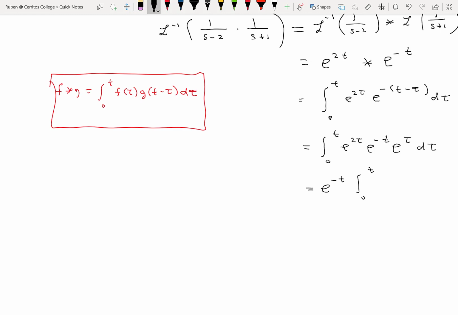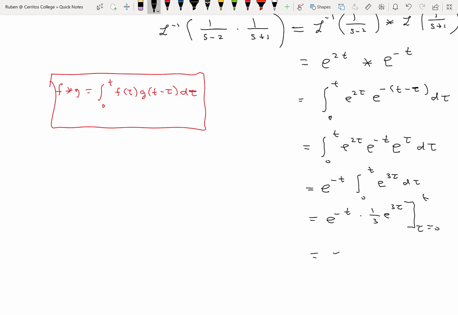The e to the 2 tau and the e to the 1 tau combine to give us e to the 3 tau. When you multiply two exponential functions with the same base, you add the exponents, and now it's a piece of cake. The integral of e to the 3 tau with respect to tau is 1/3 e to the 3 tau. This is as tau varies from 0 to t.